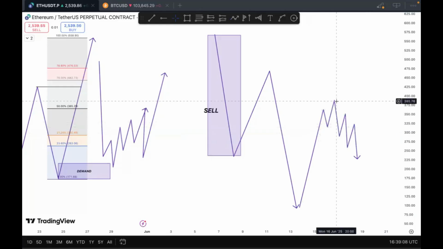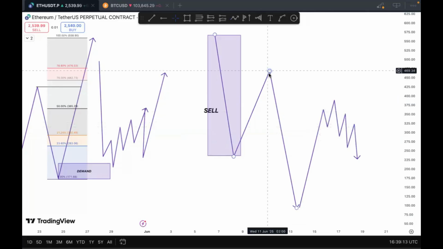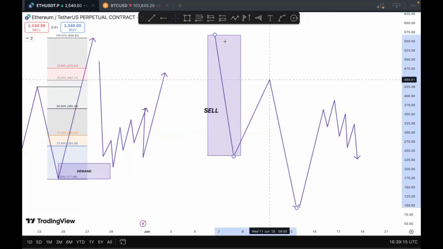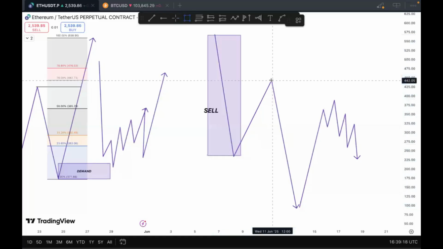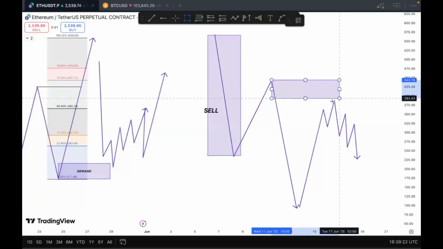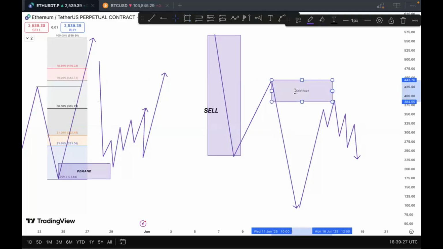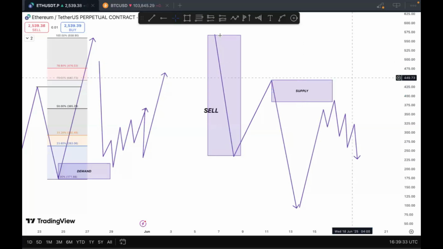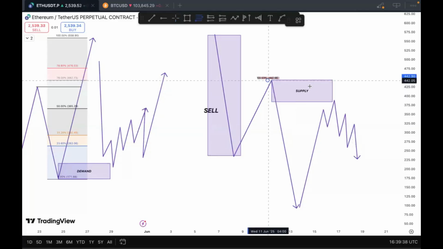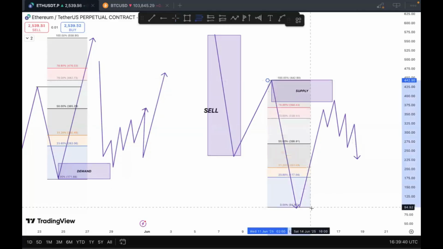So once you see this, you see your Quasimodo, and let's say you have confirmed your zone to be, let's say, a supply zone. Let's use supply, not key resistance. Let's say it's a supply zone. The next thing you want to do is pick up your Fibonacci retracement tool. You place it at the swing low. The current swing low.